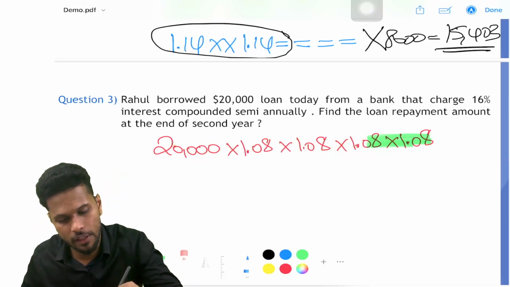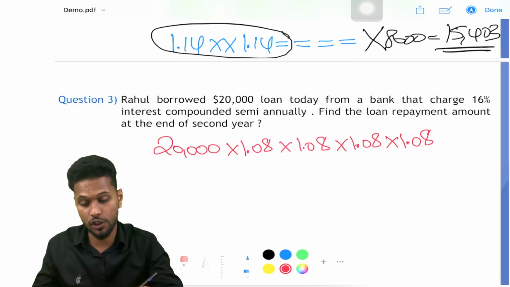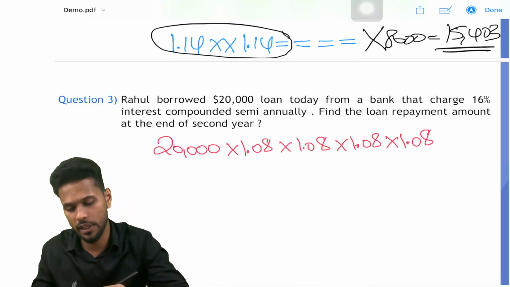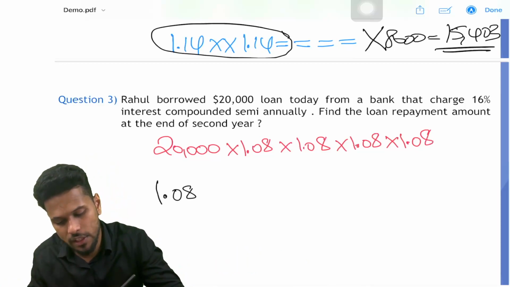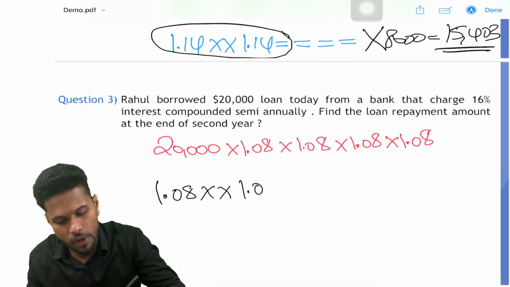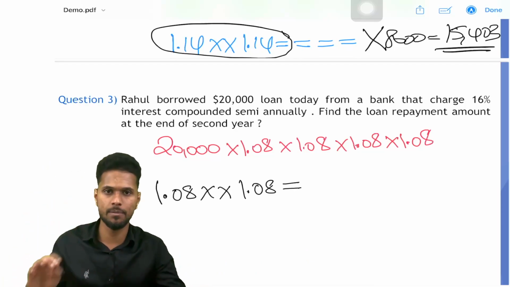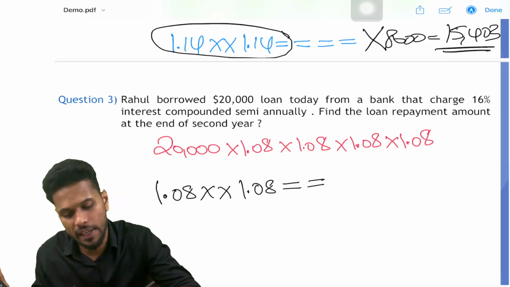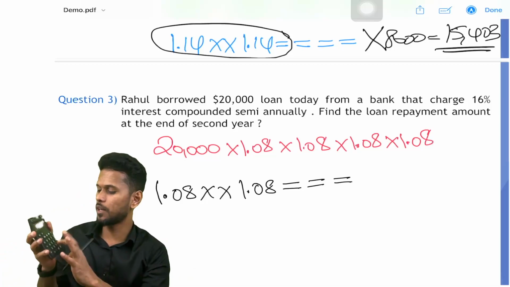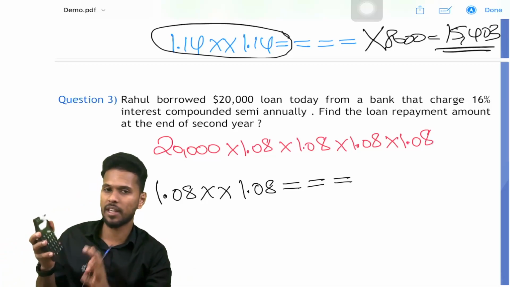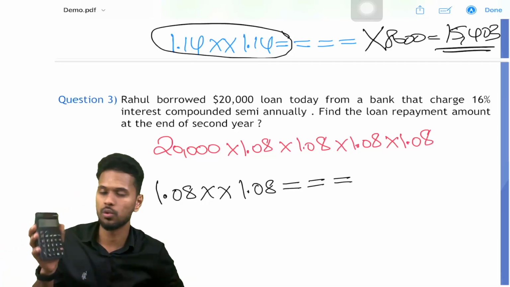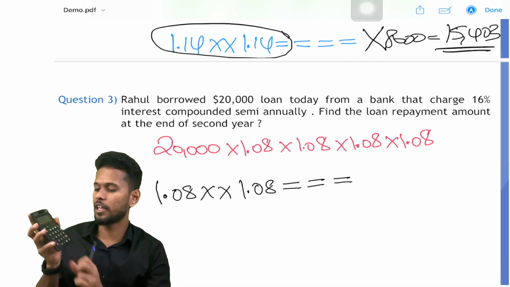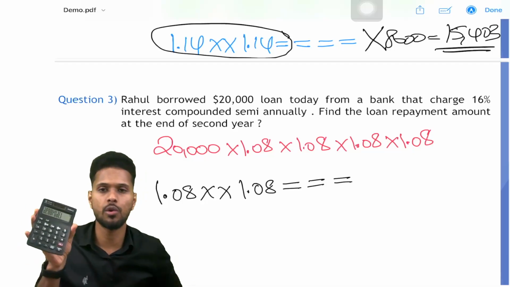Anyway, we can do this using the shortcut. Hope you all know the shortcut. Very simple: 1.08 times 1.08 equals, now it is 2 times. If you click equals again, it is 3 times. Click again, now it is 4 times.